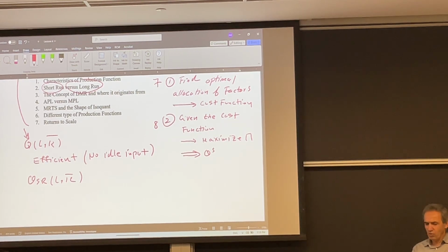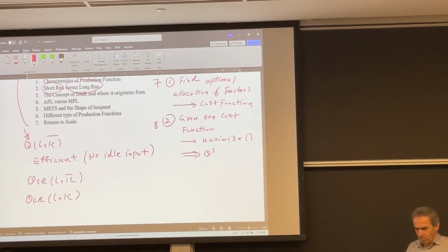So we assume the capital is fixed in the short run, but it takes time to get rid of it. Alright? In the long run, no. So that is the short run. In the long run, nothing is fixed. There's no bar there. They can all be liquidated.